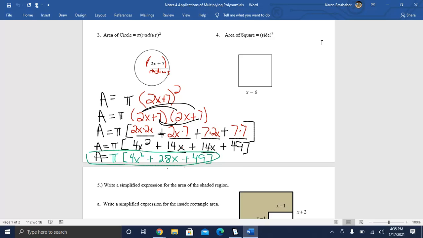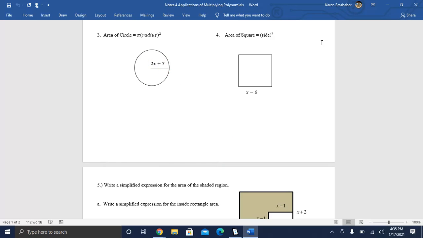So I'm going to clear the ink again so I have plenty of space. All right, now a square says the area is equal to the side squared. And so remember that all the sides on a square are the same. So rather than having you have to list all 4 sides, we know that we can take the side times itself.